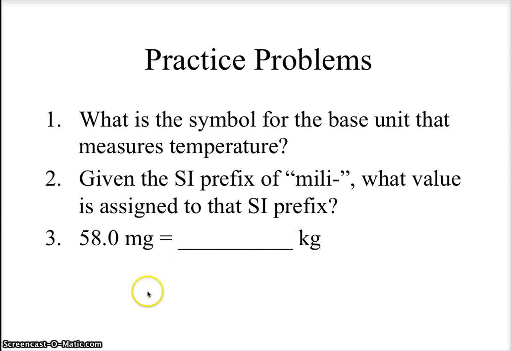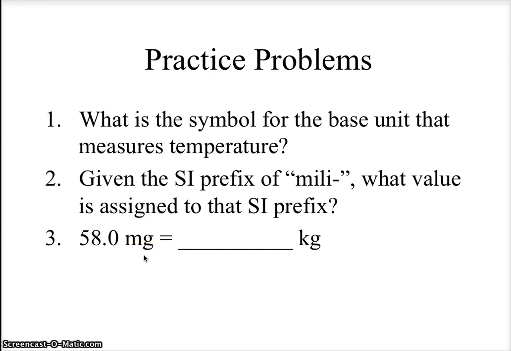So essentially what you have is a small measurement of some mass, 58.0 milligrams. You have to make it so that it has the same value, the same amount of stuff, in terms of kilograms. It's kind of like saying, well, I have 4.5 pounds of apples. How many ounces is that? That's essentially the same thing, but using metric units instead.